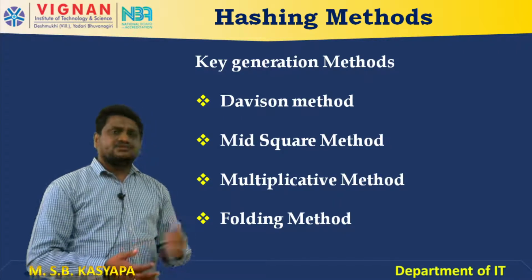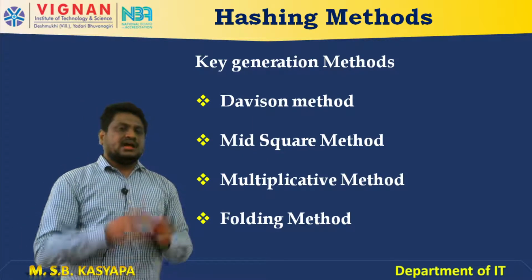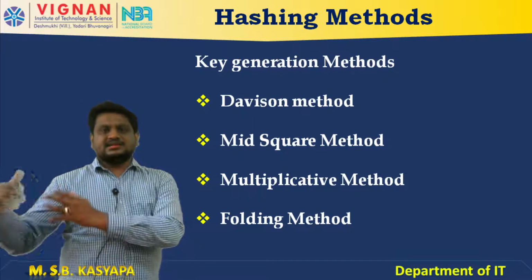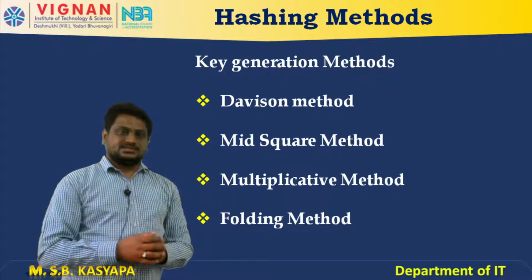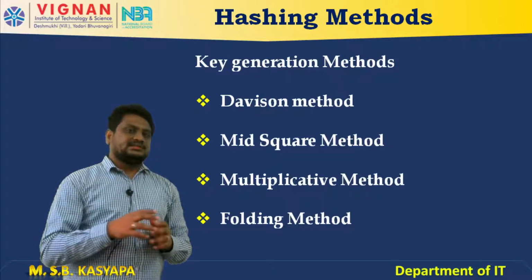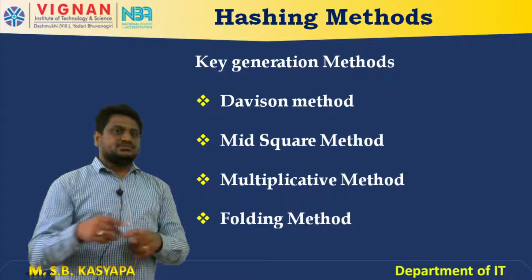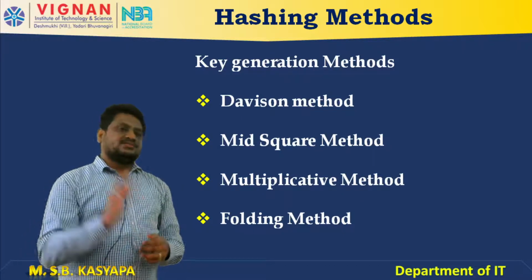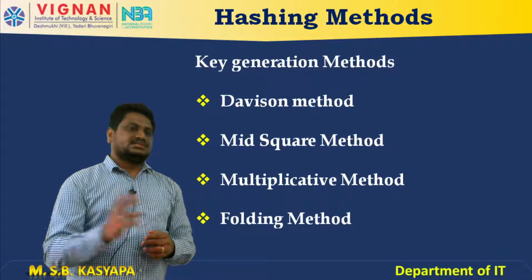Am I right? So these are the 5 steps I need to follow if I want to use the multiplicative method. In folding method, whatever key value or data I have got, I will divide that key value into different parts. So if I have 124, I can divide it like 1 comma 2 comma 4, as 3 parts, or I can divide it into 2 parts also.